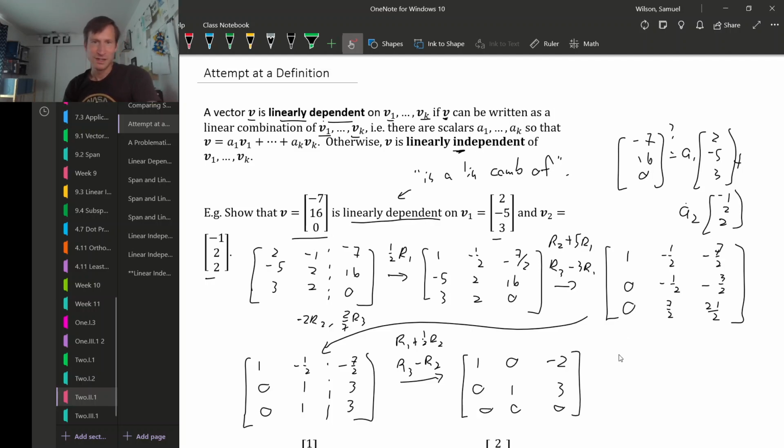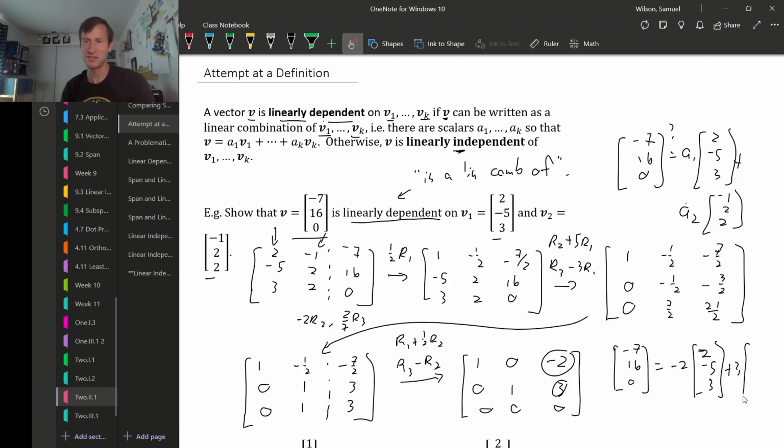Okay, so right, this is telling us the coefficient for the first column, and this is telling us the coefficient for that column. So minus 7, 16, 0 is linearly dependent on the other two because it's minus 2 times minus 2, minus 5, 3, plus 3 times minus 1, 2, 2.